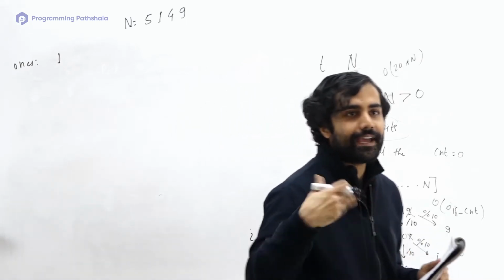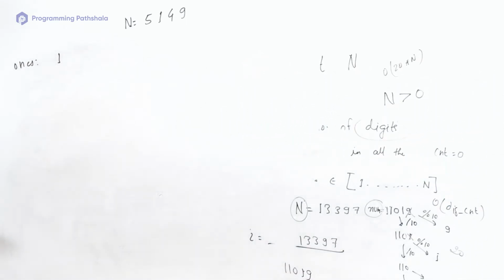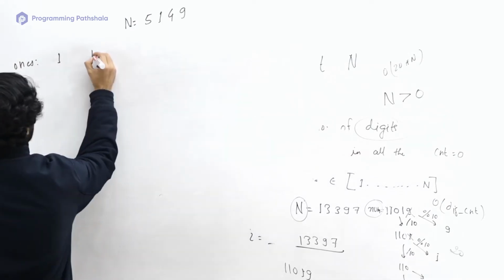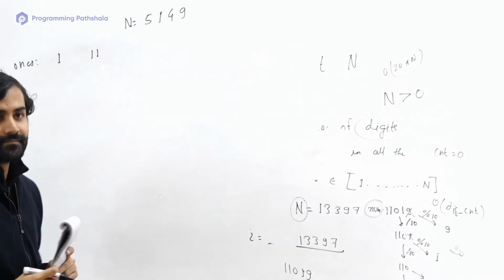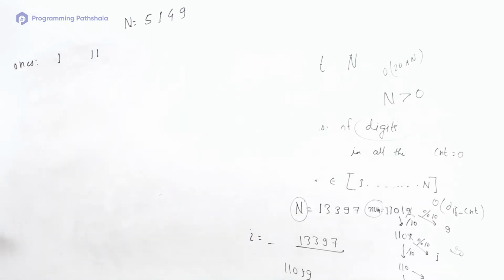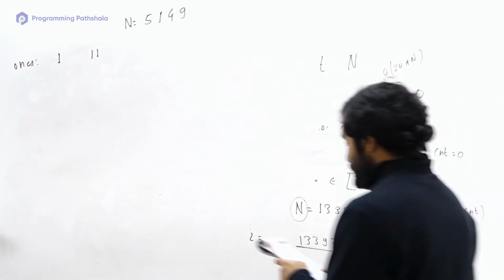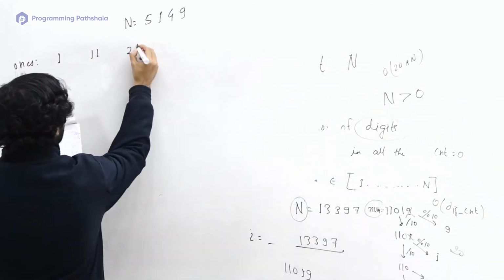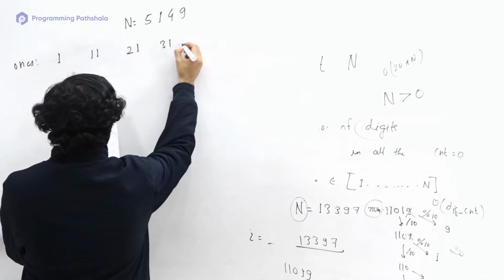What is the next higher number whose one's place value is 1? 11. Next higher? Yeah, 21. And can you keep saying next? 21, then 31, then 41, then 51, so on and on, right? Yes or no? Good.